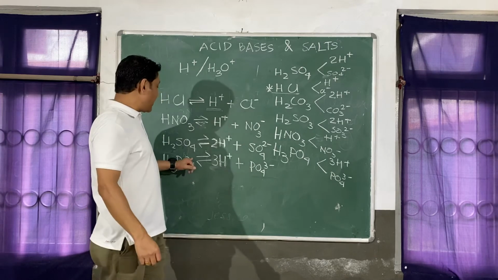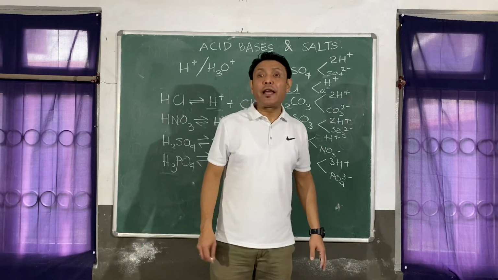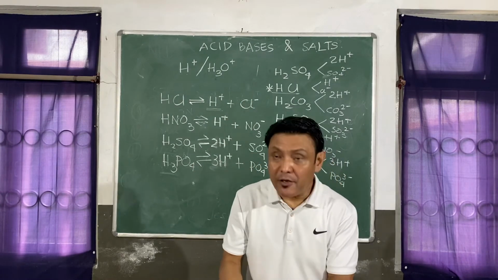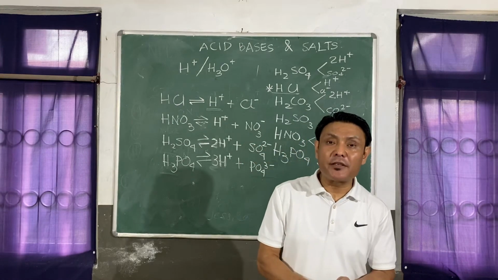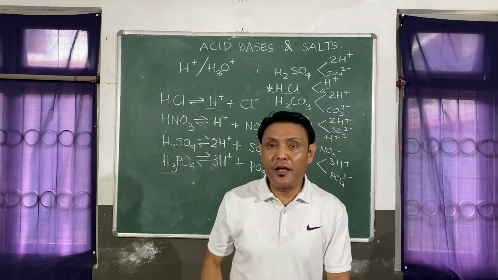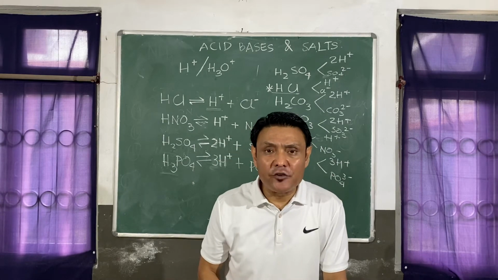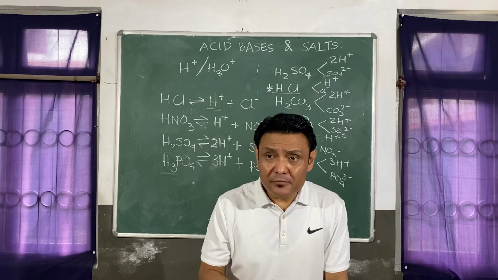All right. So now, this is all about dissociation and the strength of an acid. I repeat, the strength of an acid depends upon the concentration of hydrogen ions it produces in its aqueous solution. If an acid produces a high concentration of hydrogen ions in its aqueous solution, then it is called a strong acid.